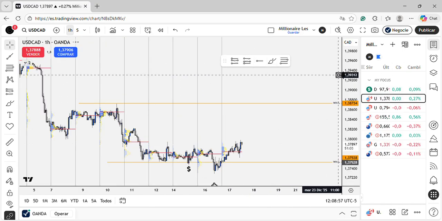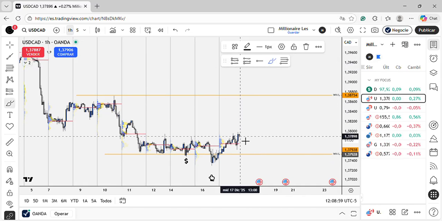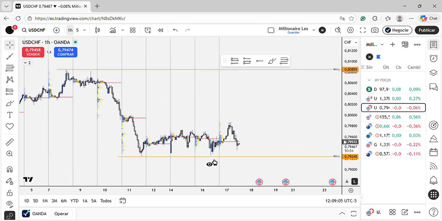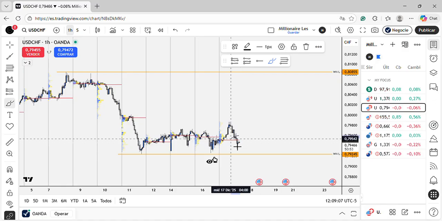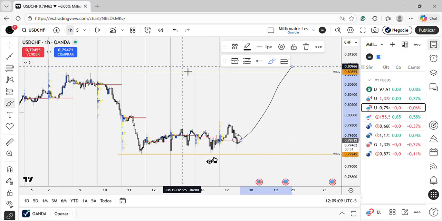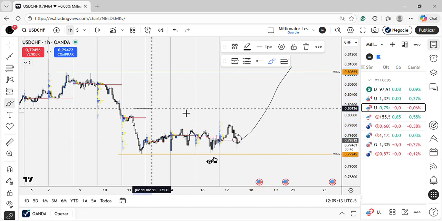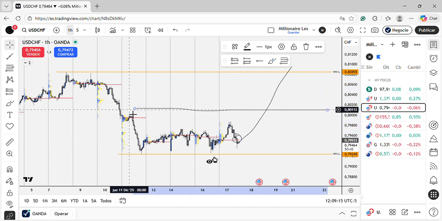So I want to wait for a close above the POC before getting in for the longs. And then my take profit is really the previous week's high, and my take profit 1 is the mid-range of the week.